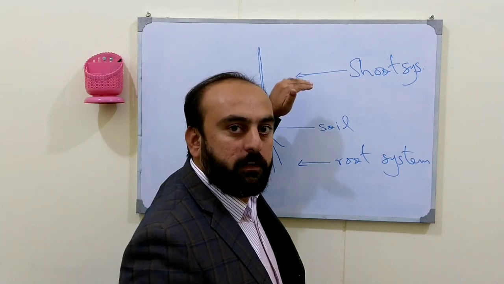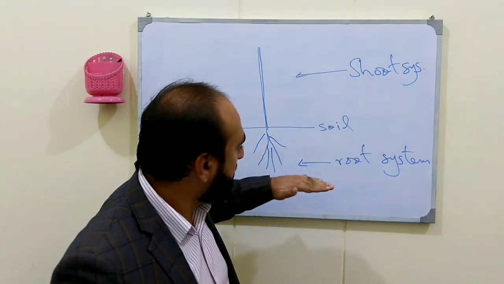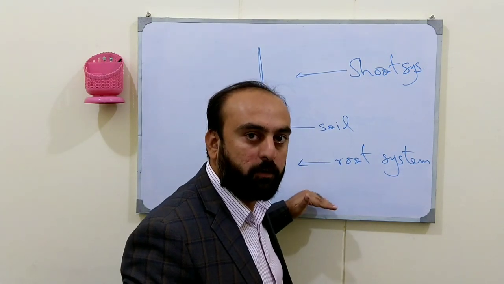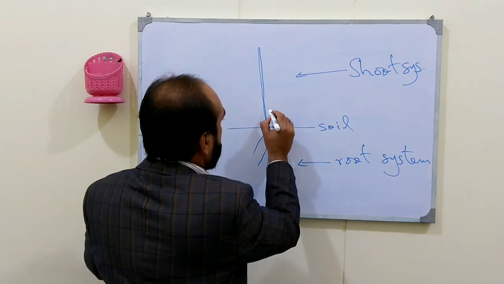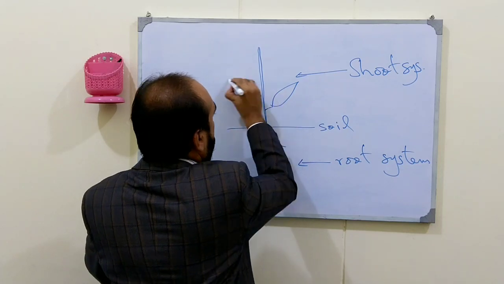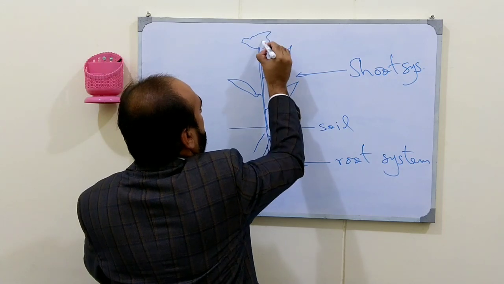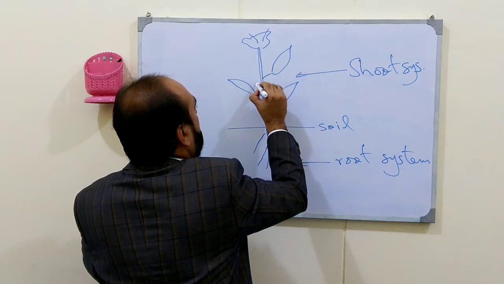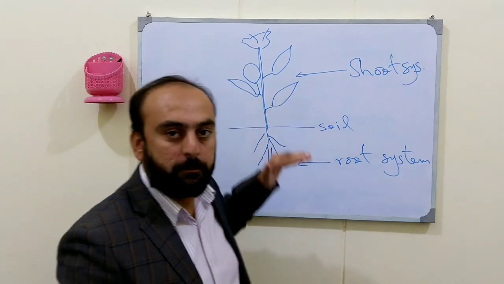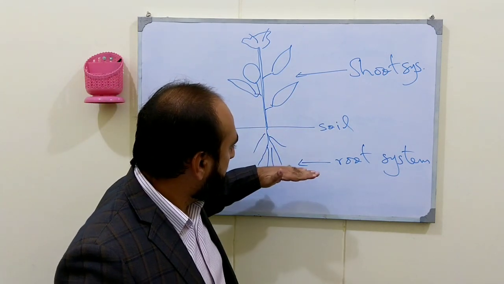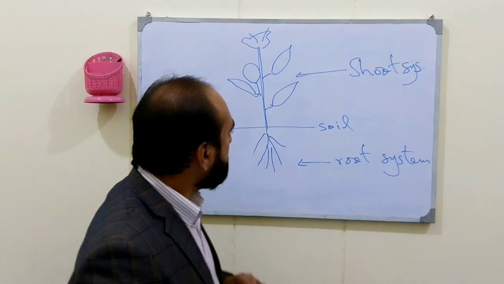Shoot system is the aerial part or above ground part of the plant, whereas root system is the below ground part of plant. A shoot system consists of stem with leaves and branches, flowers and fruits. So this makes up shoot system. Whereas root system consists of roots and its associated structures.